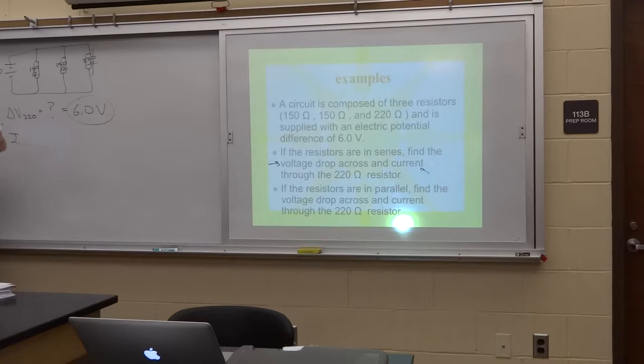The harder one, which is not hard at all, is finding the current through the 220 ohm resistor. Again, we need to be careful here, because in the parallel circuit, right, we don't have the same current everywhere. The charges are only going to take one of those three branches to get back to the power source. So the 220 ohm resistor, its current is not impacted at all by the other two branches.